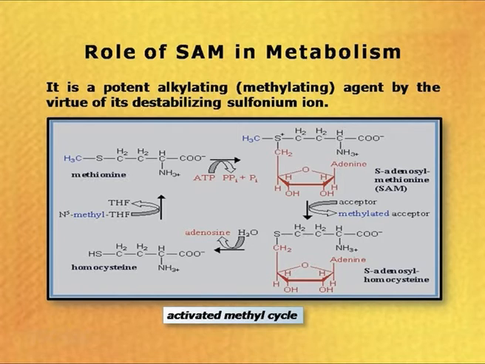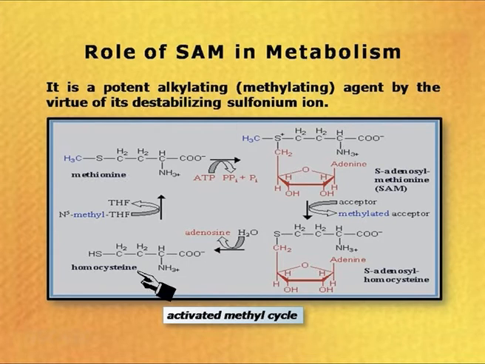S-Adenosyl Methionine is a potent alkylating agent, all because of the presence of its destabilizing sulfonium ion. Now in this cycle we can see that S-Adenosyl Methionine, after donating its methyl group, generates a methylated acceptor and itself gets converted to S-Adenosyl homocysteine.